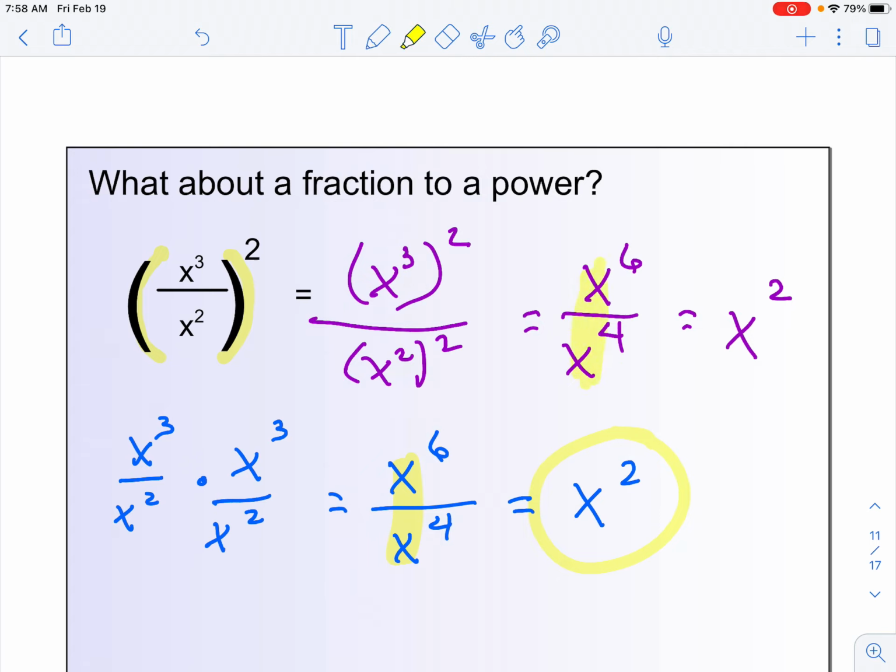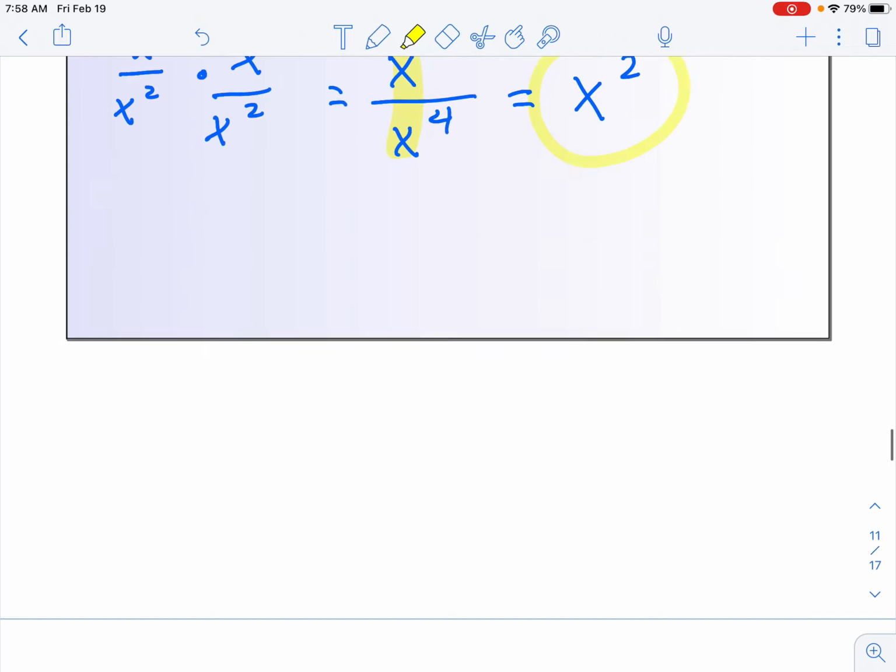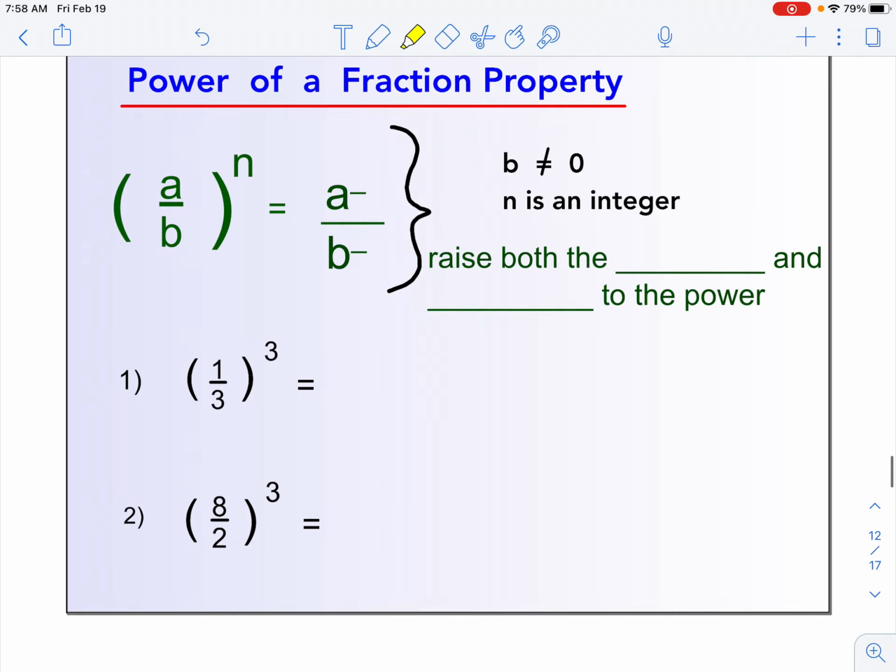Because we have a common base, we subtract those exponents, and notice we get the same answer either way. So oftentimes when you're working through these problems, you might work through it in a slightly different way, and that is totally fine. But that is our last power rule today, the power of a fraction property.